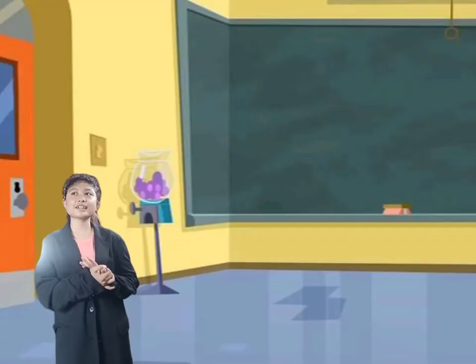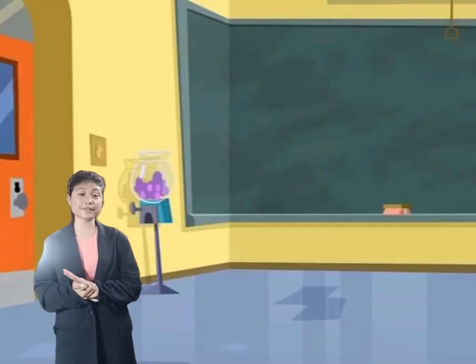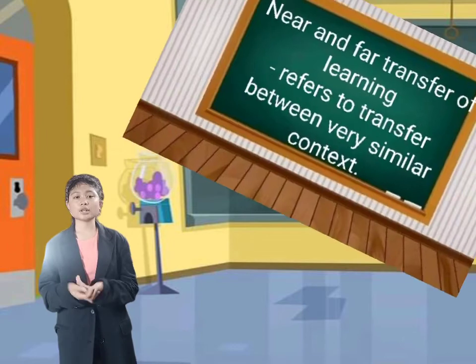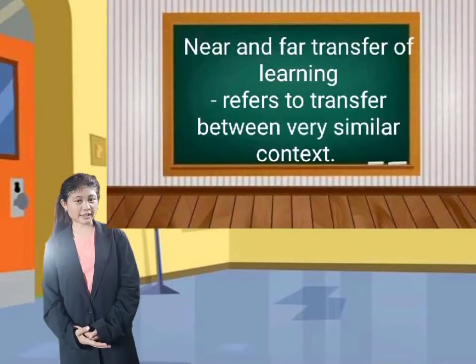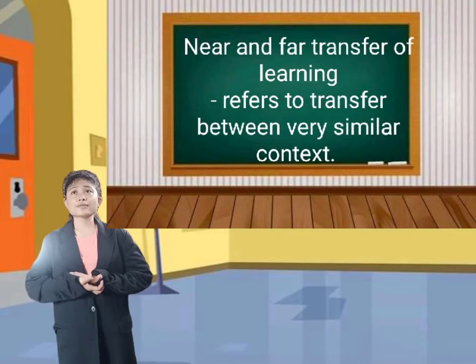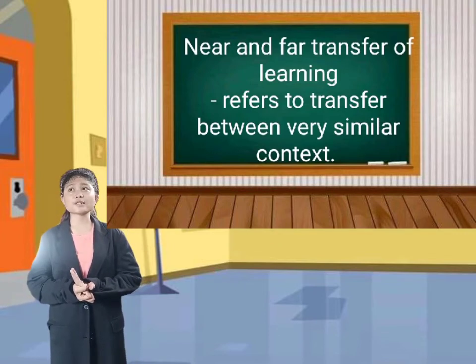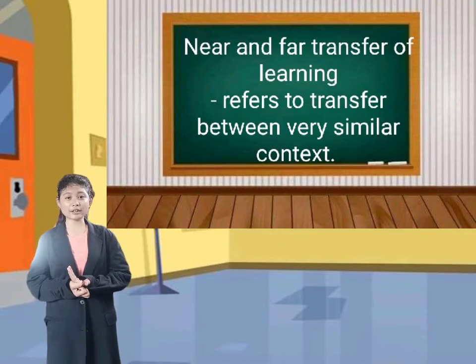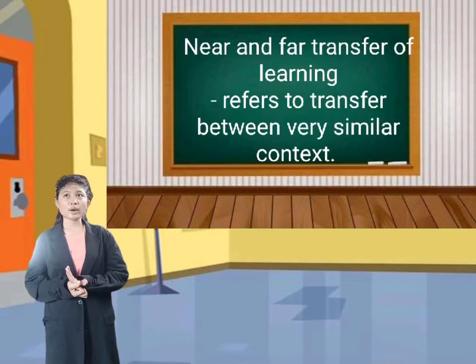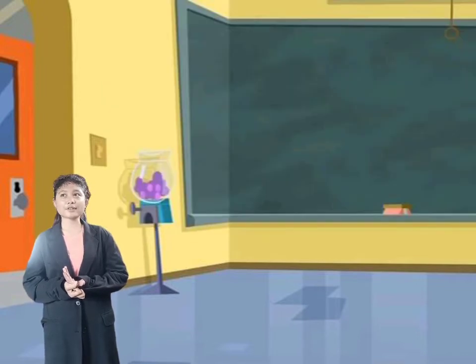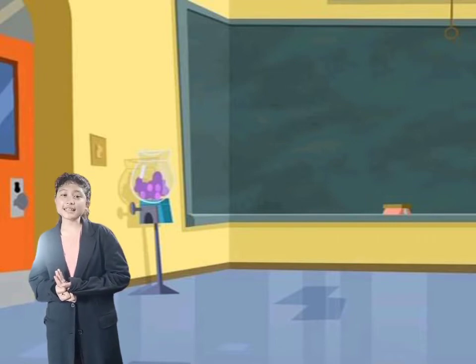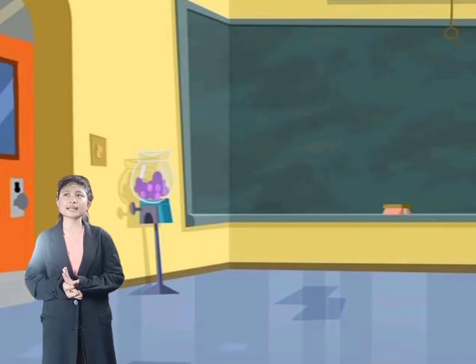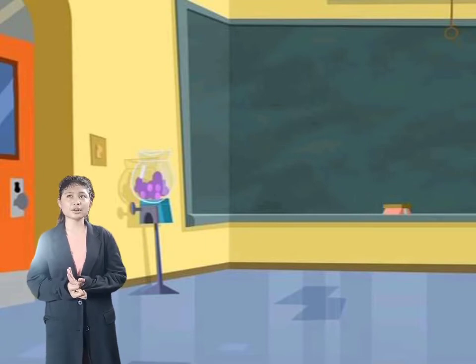So next is the near and far transfer of learning. Near transfer refers to the transfer between very similar contexts, whereas far transfer refers to the transfer between contexts that in appearance seem remote and alien to one another.